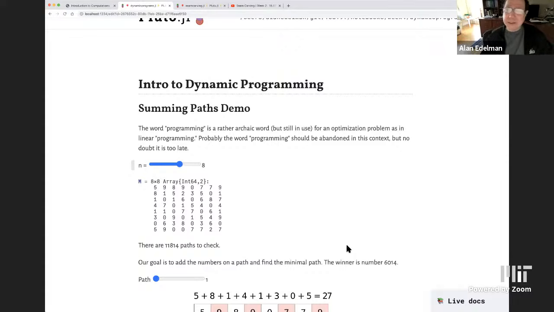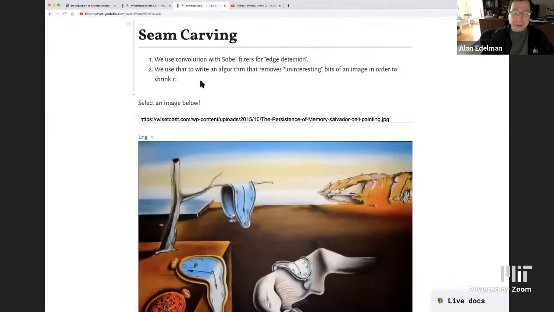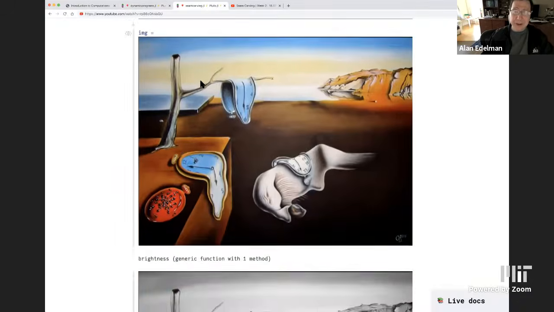But let's start today's class. So today's class, the plan is to do a quick introduction, maybe not so quick, but an introduction to dynamic programming. And then what we are going to do is play with that for a really fun application called seam carving.